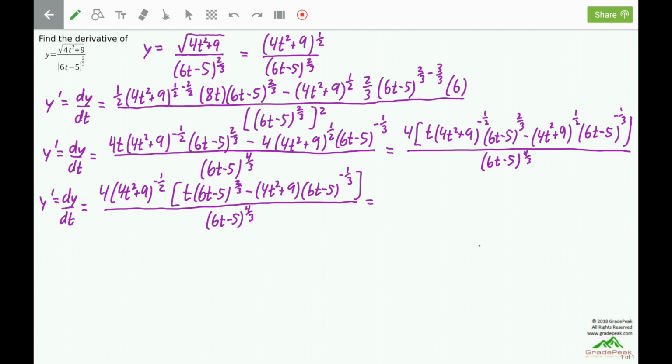Now in our next step, we're going to factor out a power of 6t minus 5. So we have the 4, we have the 4t squared plus 9 to the negative 1/2. And now I'm going to factor out a 6t minus 5 to a power. Well, let's look what we have inside there. We have a 2/3 power, and we have a negative 1/3.